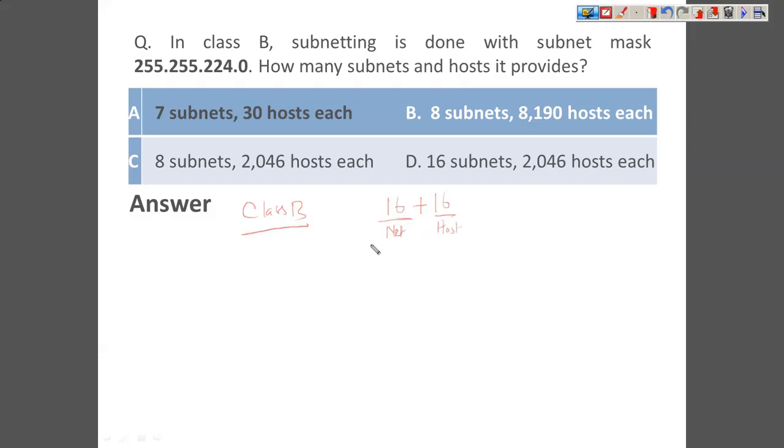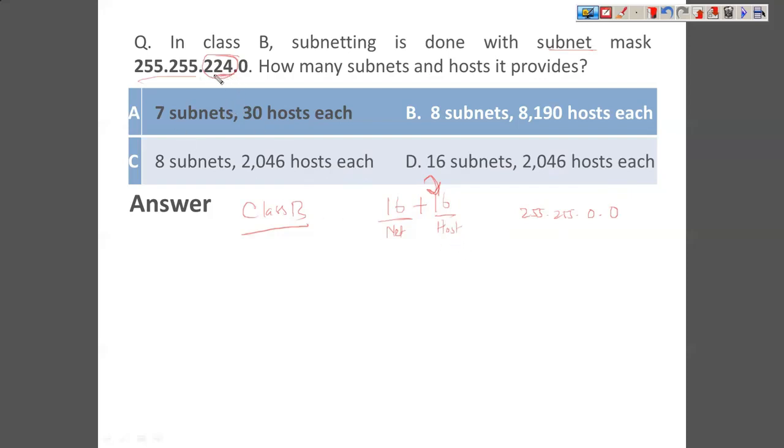And whenever we do subnetting, subnetting is always done on the host bits. So in class B, this is the structure with subnet mask 255.255.224. The class B default mask is actually 255.255.0.0. And because we use this subnet mask, that means we used these many bits in the host part to get this 224.